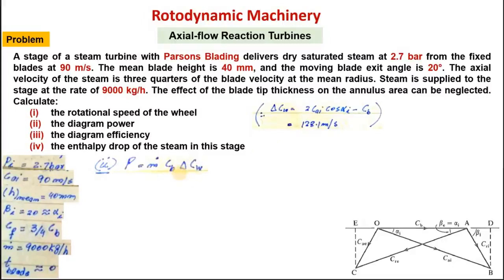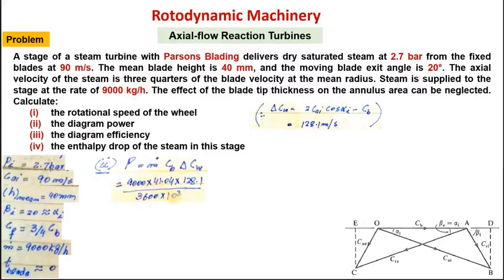So now just simply put the values. M dot is 9000, CB was 41.04, delta CW is 128.1, divided by 3600, because 9000 is in kilograms per hour. This is meters per second, so that's why you have to convert it into kilograms per second.